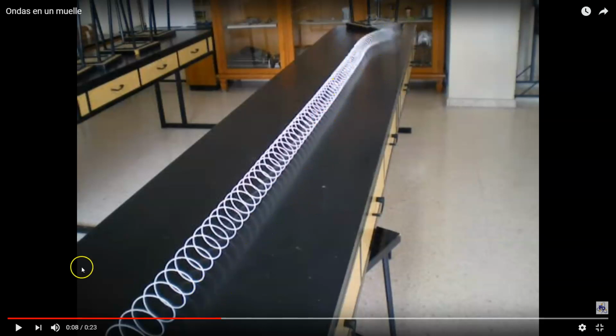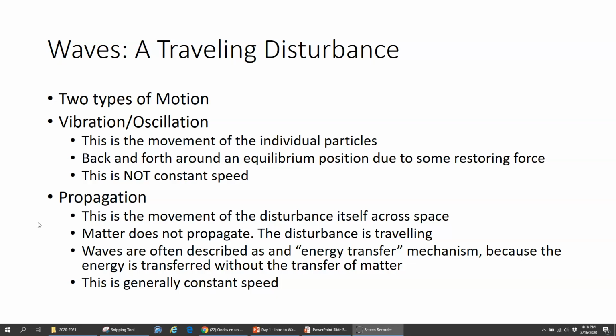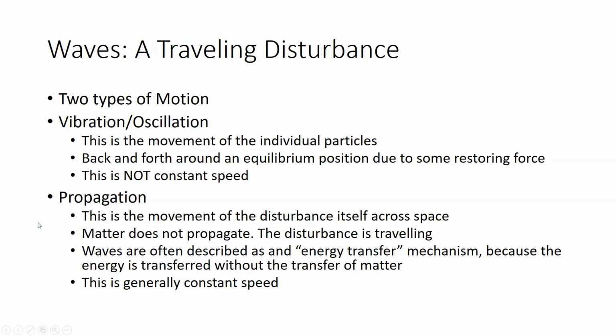But notice here that the medium is traveling back and forth this way, and that the medium is the thing moving, but that the wave travels across the table. And this little element of spring here is not traveling across the table. Really important. Important to note that it was the wave itself that traveled across the table at constant speed, and the vibration of the oscillation was back and forth.